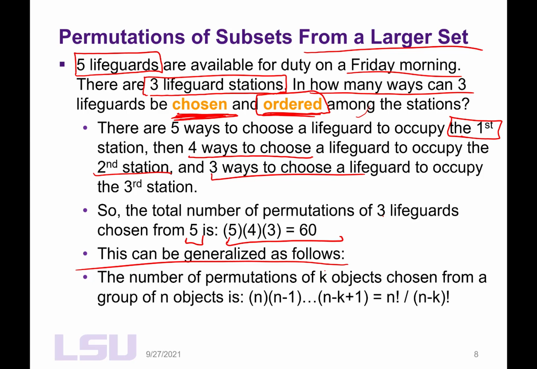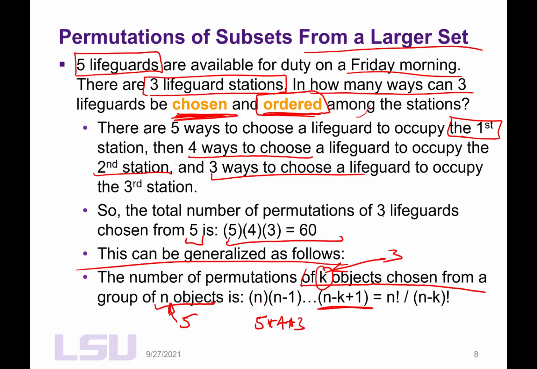The number of permutations of k objects chosen from a group of n objects, right? You're selecting k. In this case, you're selecting 3, right? From a group of n objects. N is what? 5. And so you start from n, 5 times 5 minus 1, 4, times 4 minus 1, 3.